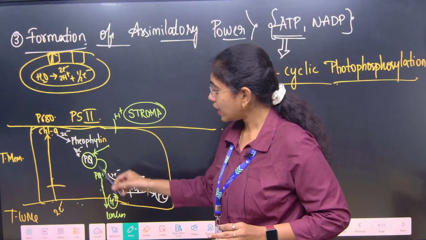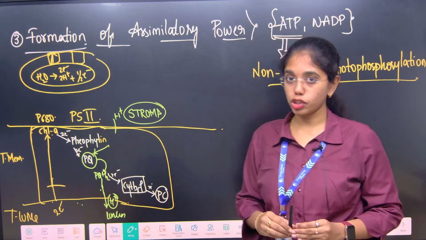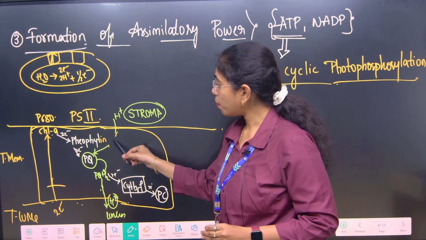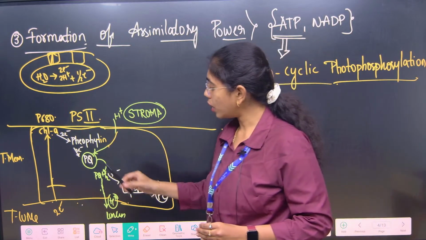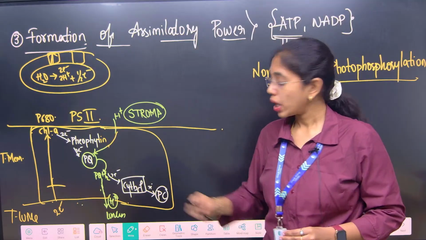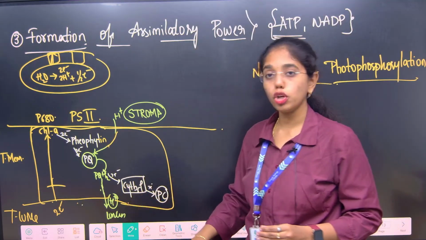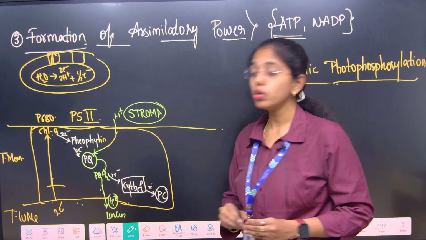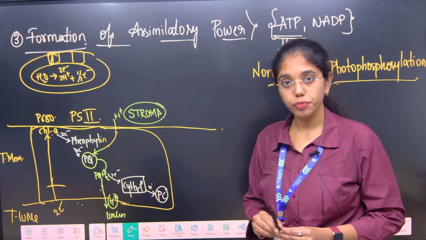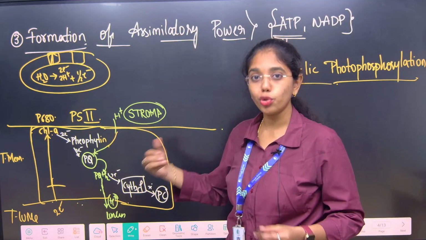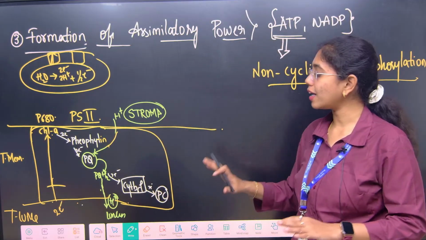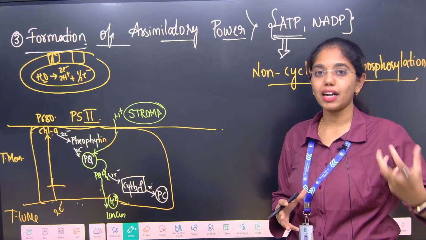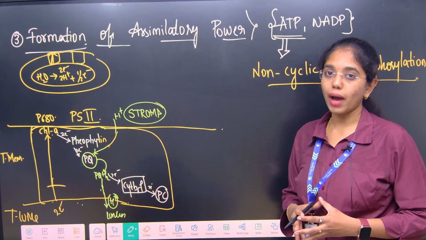From pheophytin, the electrons are given to plastoquinone. Plastoquinone parallelly accepts the protons from stroma and converts to plastohydroquinone, where protons are sent to the lumen, electrons are given to cytochrome B6F. Okay, these terms might sound new to you, but get adapted to it so that it will be easy for you when we start photosynthesis in the new academic session.